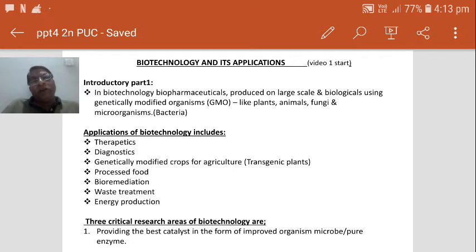In biotechnology, actually, we alter the gene of plants. We are going to alter and manipulate the gene of animals and fungi, even the microorganisms. Microorganisms means mainly the bacteria.